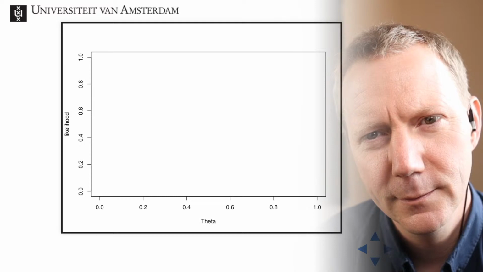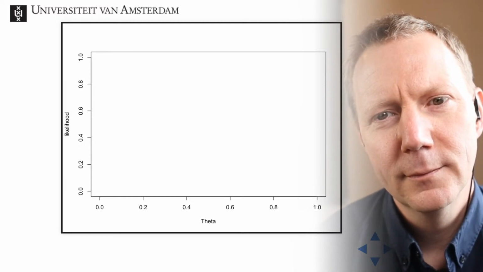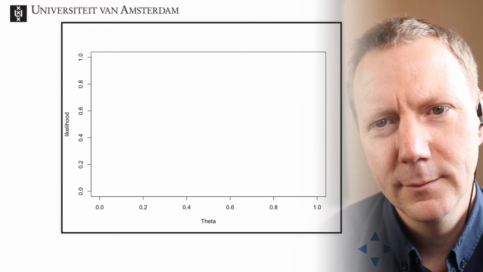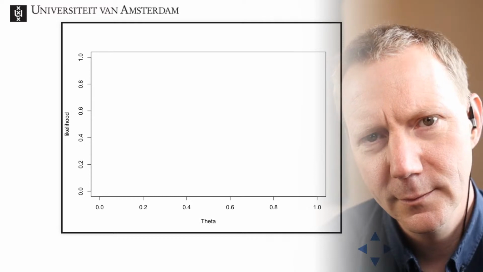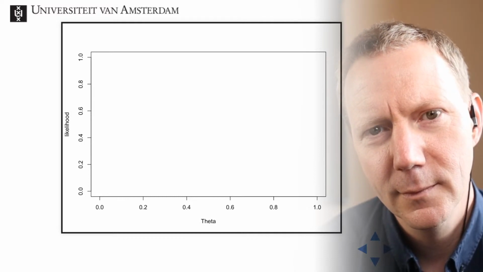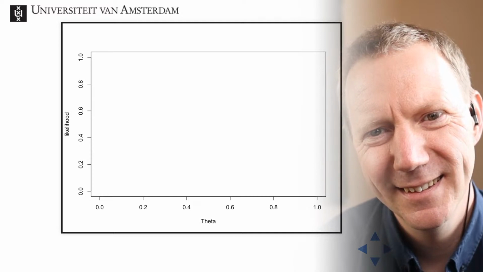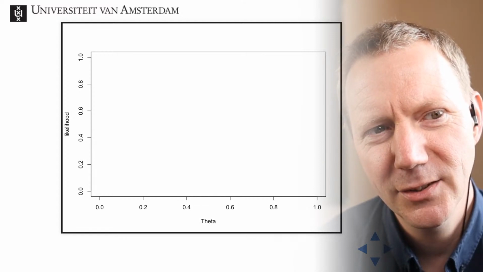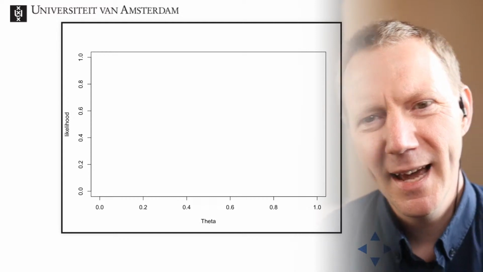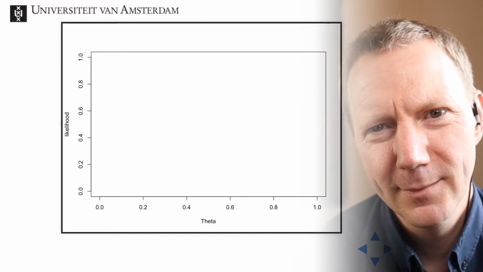Well, if the coin has been made fair again, then the probability is around 0.5. Mm-hmm. And it's like this because as it gets closer to 0.5, the likelihood kind of gets more. I don't know. Yeah, you're going in a good direction. Could you show me your drawing? Yeah.